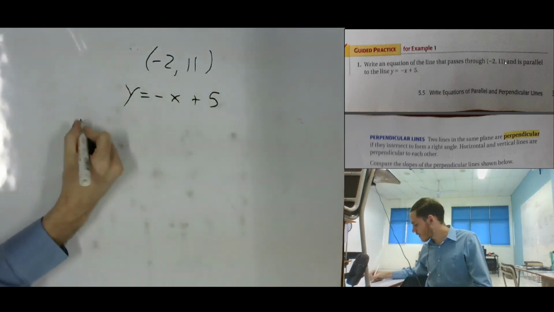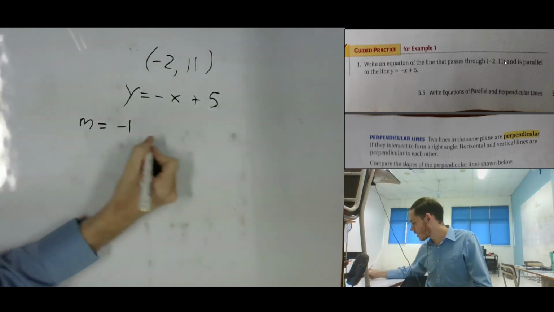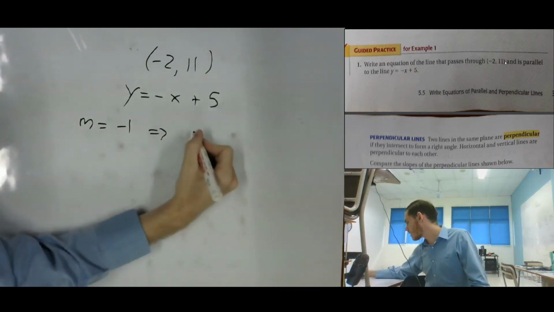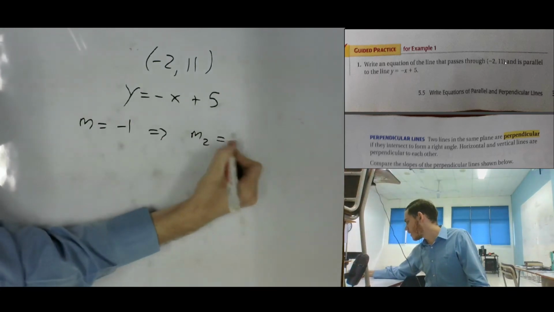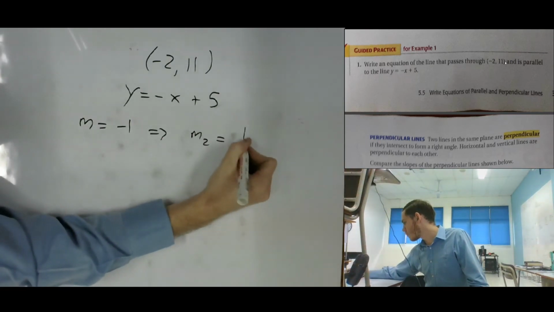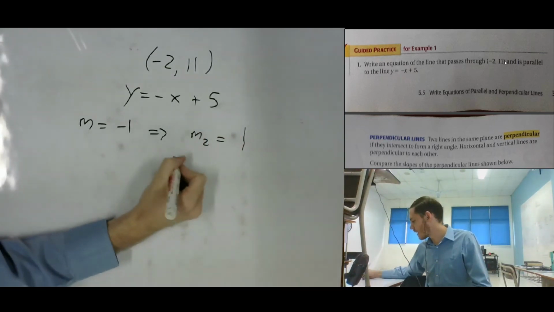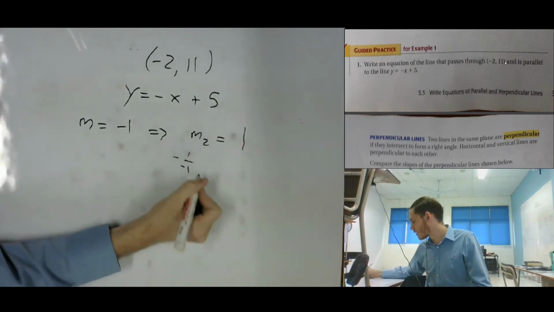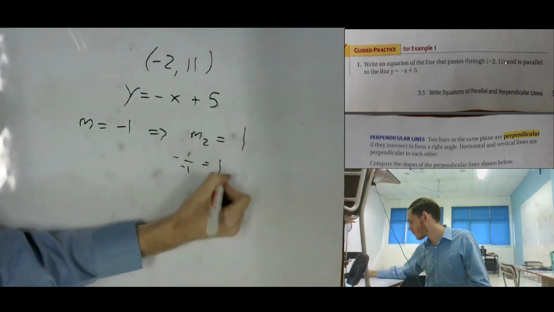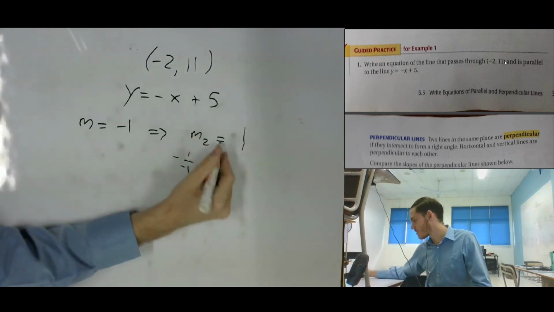First we have to find our slope, m equals negative 1. So that implies m2 equals positive 1, because it's negative 1 over negative 1, which becomes positive 1. That's how we've solved this.